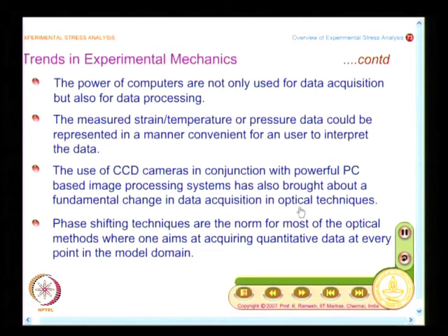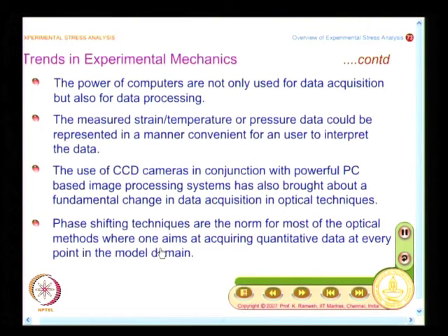The advantage here is, I could record intensity information using CCD cameras at several frames per second. This has modified the approach of experimental developers to find new ways of processing this intensity information.